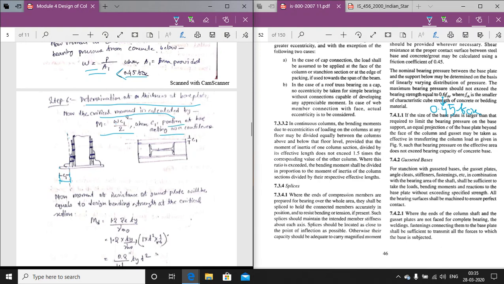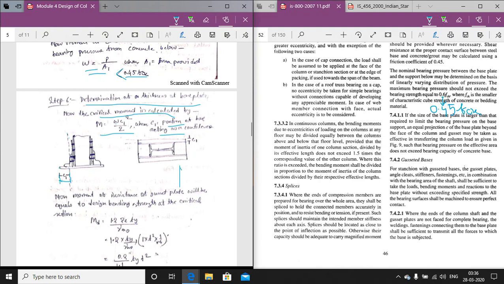Now, what is a cantilever? Cantilever means that thing which is suspended. Consider this one is connected with that plate, so it acts as a cantilever. How?